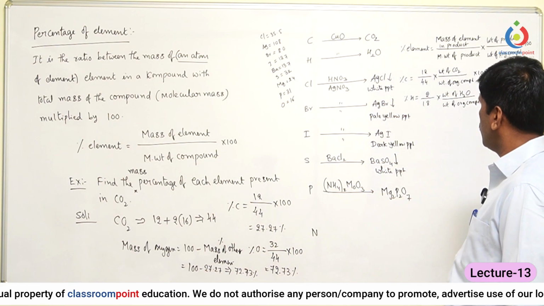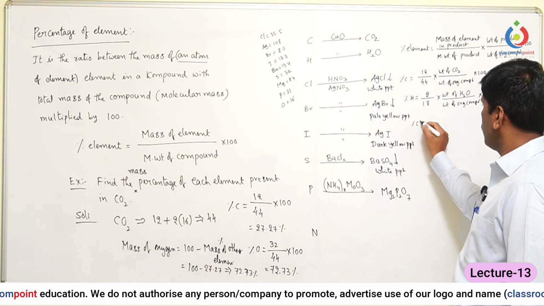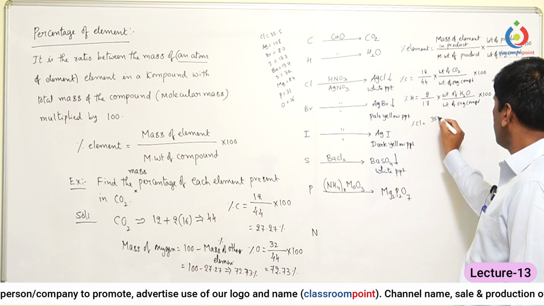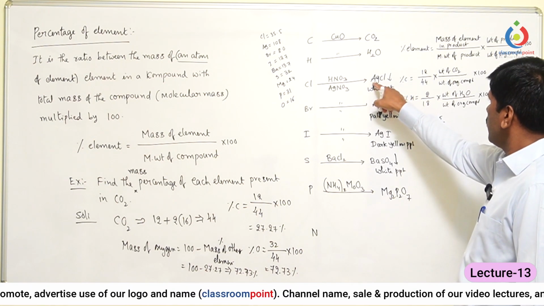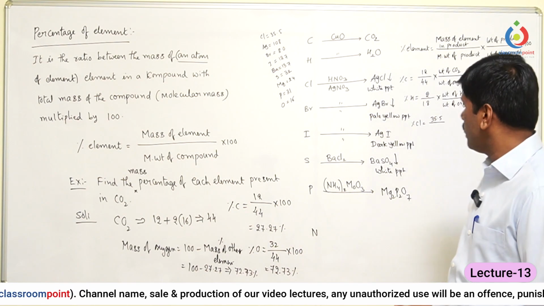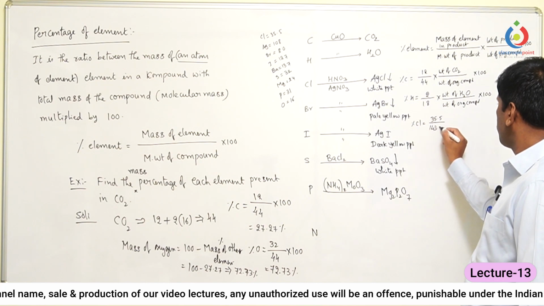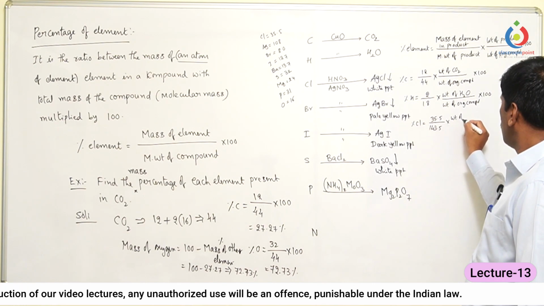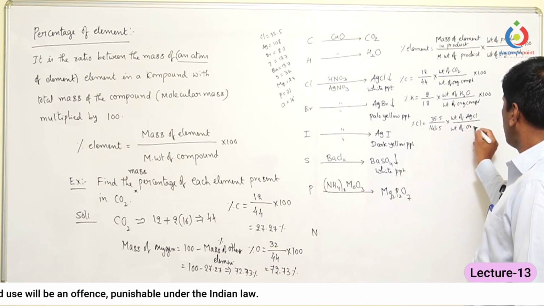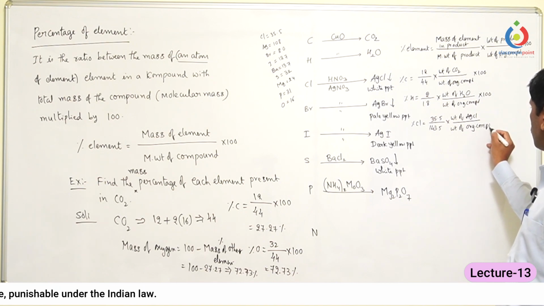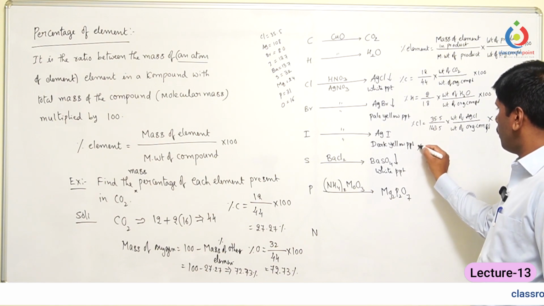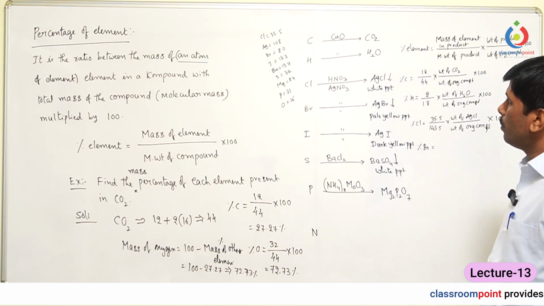By using these we have to do the calculations. Percentage of chlorine: one chlorine atom is present in silver chloride, so 35.5 divided by the AgCl molecular mass, by adding silver and this value we get 143.5, into weight of AgCl formed divided by weight of organic compound, into 100.